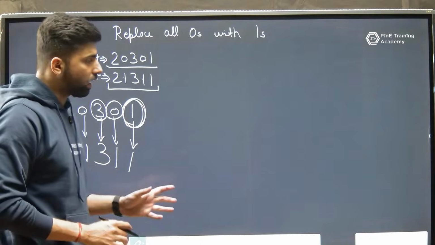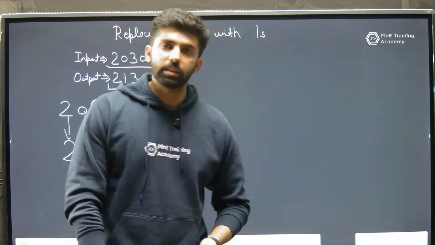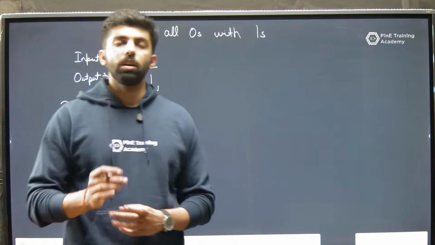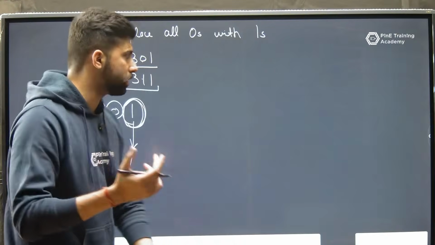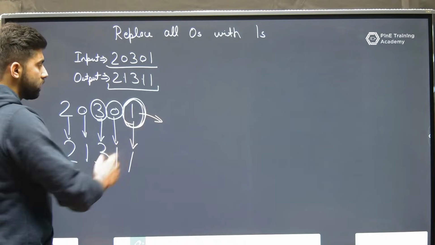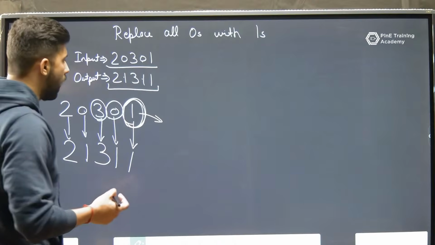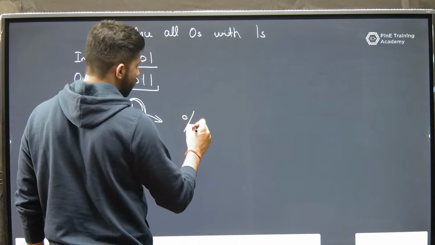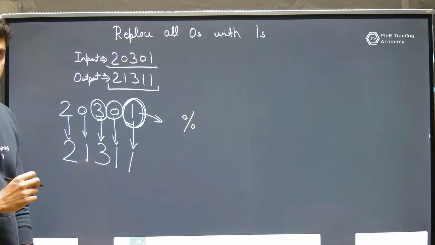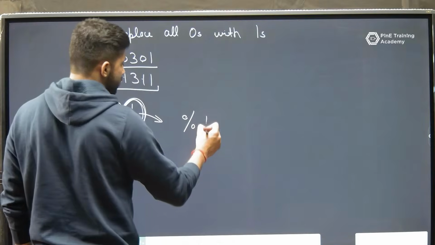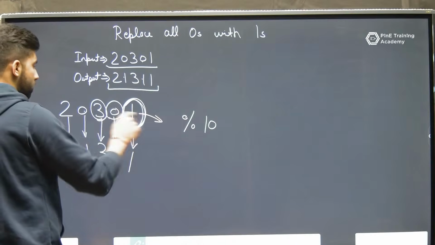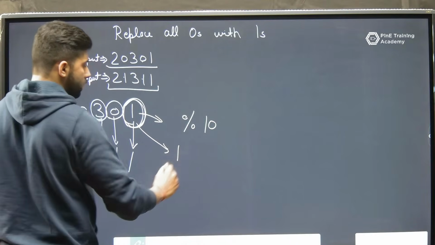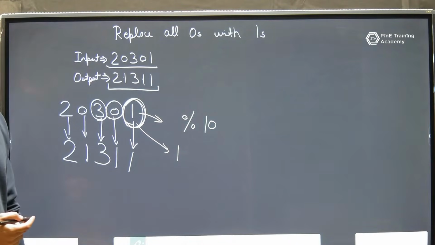Now, in the class where I taught operators, I told you a specific operator which can help us in separating this last digit, and that was the modulus operator. That means if I do modulus 10 of any number, I will get the last digit, right?